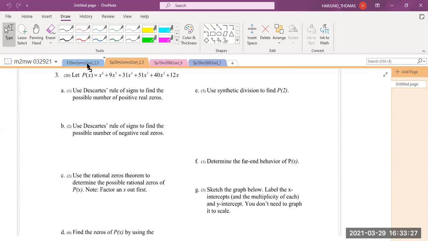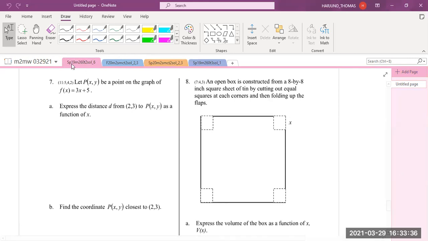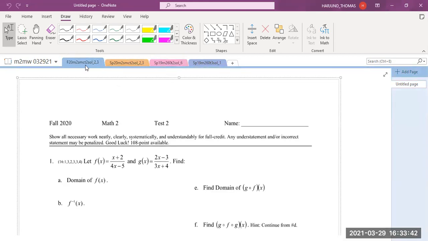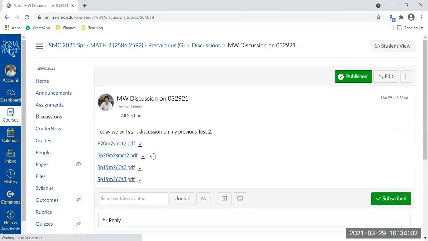Okay, now the way I code it this time will be as the following. For example, this, hold on, that's not what I want to do. Should be here. Okay, for this fall 20 Math 2 SMC test 2, today I will go over number 2 and number 3. So when I post it on our discussion board later on, from the name you can tell that's fall 20 Math 2 SMC test 2, number 2, number 3, like that.